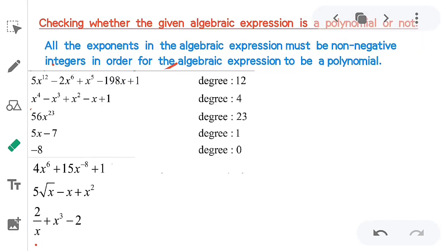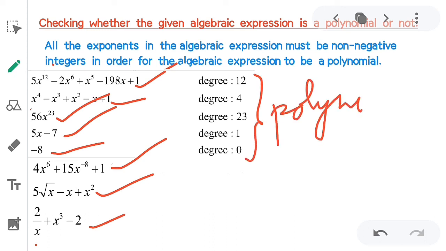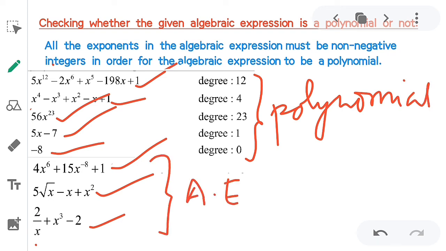In these given examples, these are expressions, these are also expressions, but only these are polynomials. And what about these? These are all algebraic expressions, but not polynomials.